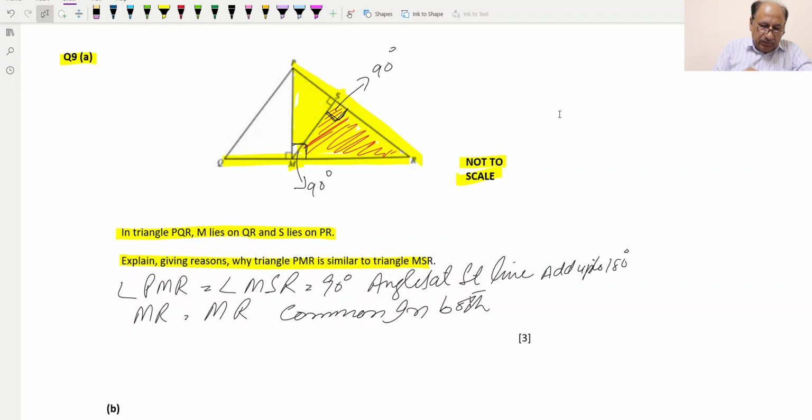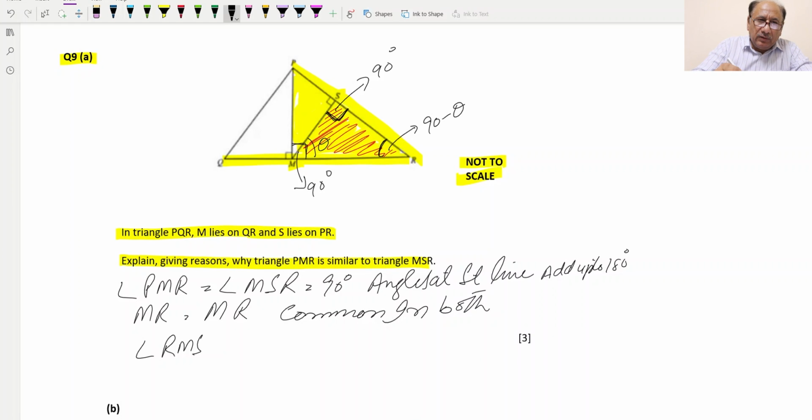Next we can write angle RMS. If this angle is 90 degrees, this angle will be 90 minus theta, and this angle will be theta.